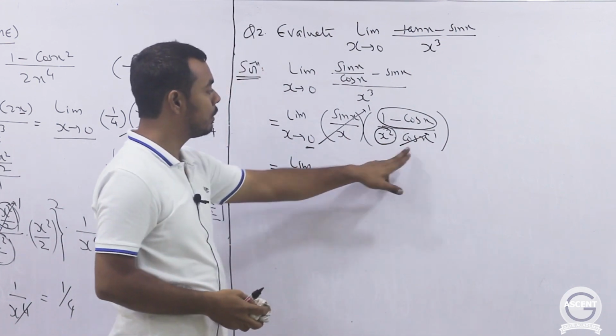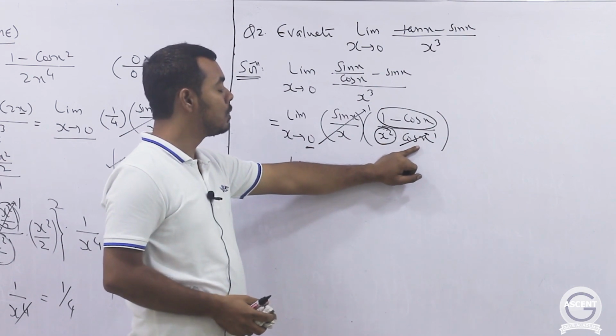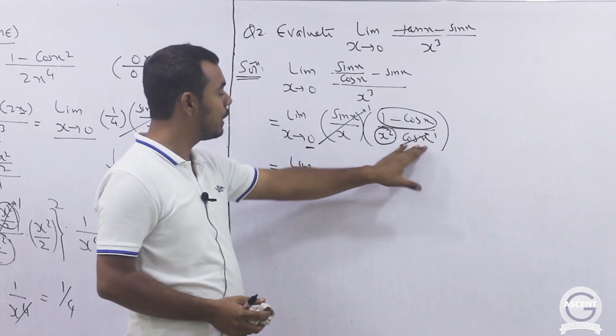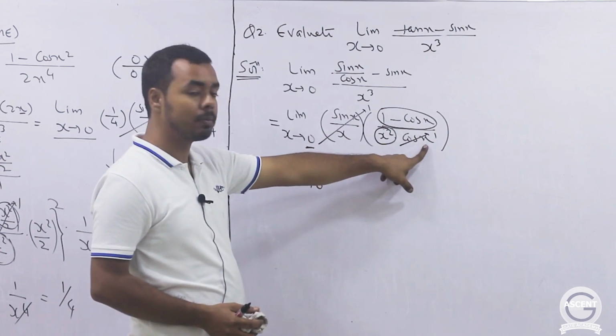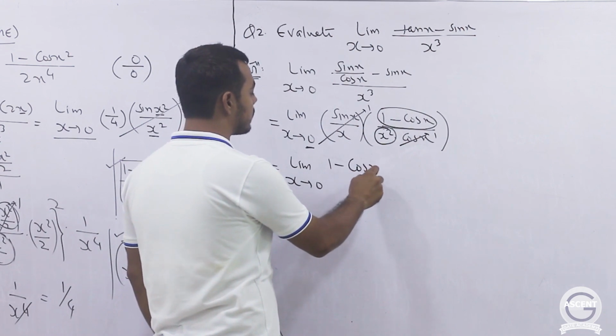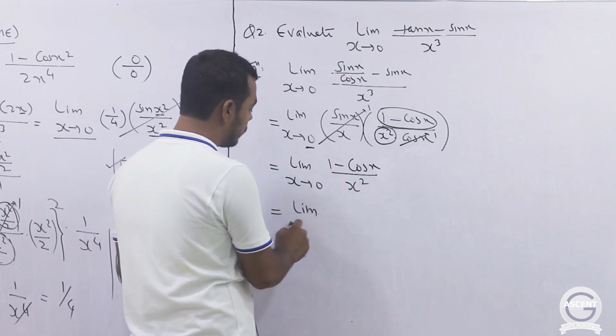So these terms will be finite. Here you are getting 1 and cos 0 will be 1. So we are not getting an indeterminate form because of cos x, and therefore you can substitute the value x equals 0 here. So now you will get 1 minus cos x by x square. This will be limit x tending to 0.